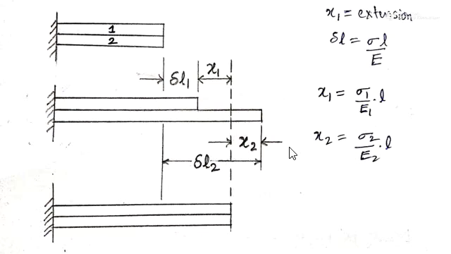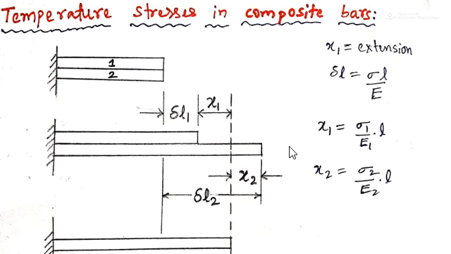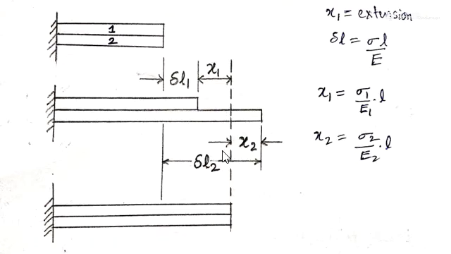So if you observe, the tensile load applied on bar 1 must be equal to the compressive load applied on bar 2. Why? Because in the actual situation, both the ends of bars are rigidly connected such that when we increase the temperature of this composite bar, both should have the same expansion.